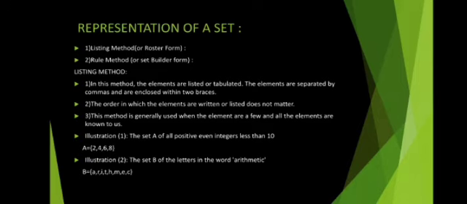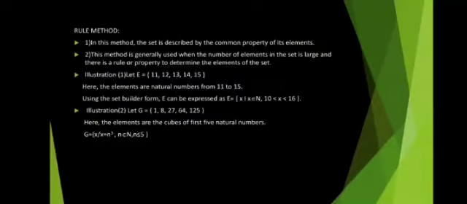First letter A, second R, third I, fourth T, fifth H, sixth M, seventh E. Then next is I, but we can't repeat it because we earlier learned that elements should be distinct. So we can't write I again. Next we'll write C. These are the elements of set B. Repetition is not allowed.